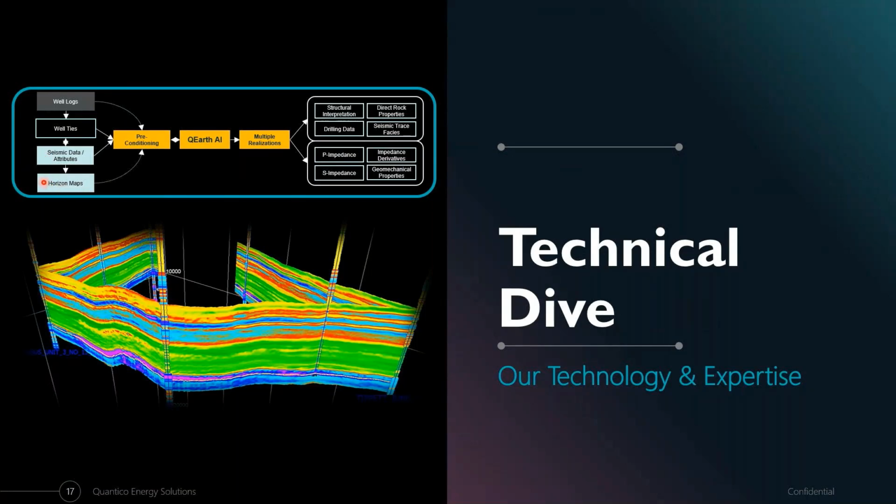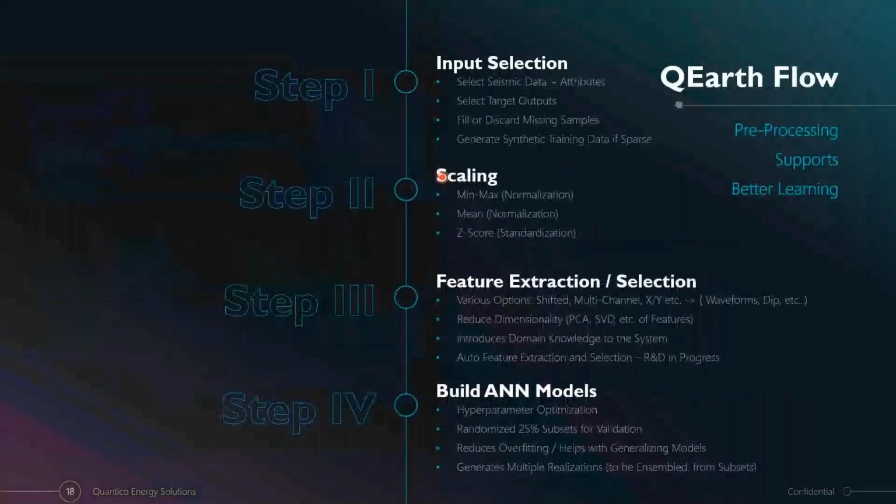And if the data is very noisy, the horizons help a lot with lateral continuity. So all of this data goes into mostly automated preconditioning and AI workflows, where we generate multiple realizations, and then we can generate any attribute, which is not limited to the list over here.